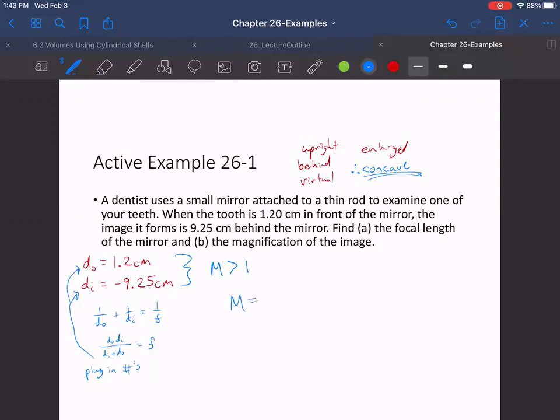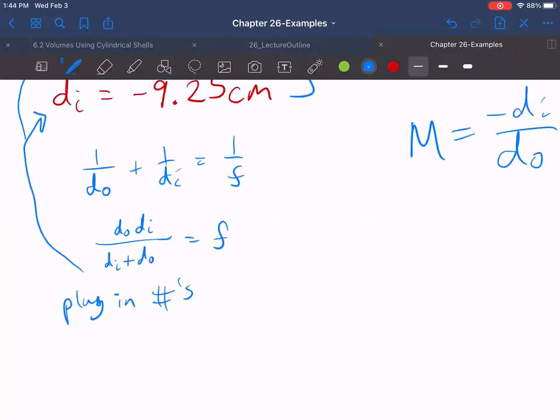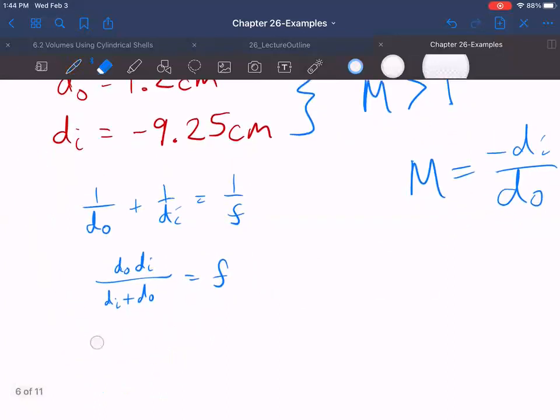Okay. And then the magnification, well, we pretty much just did that. I erased it. Magnification is negative DI over DO. And you can just plug those numbers in. Negative 9.25 centimeters over 1.2 centimeters. You want me to write the plugged in numbers here? I'll write it. How about that?